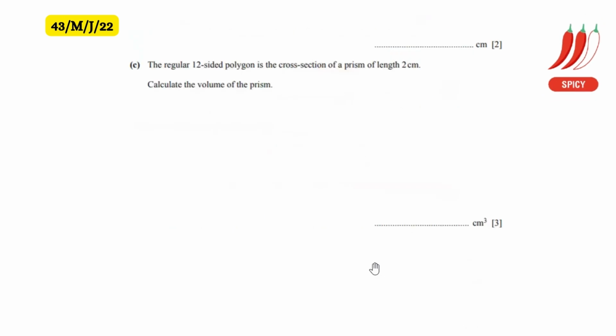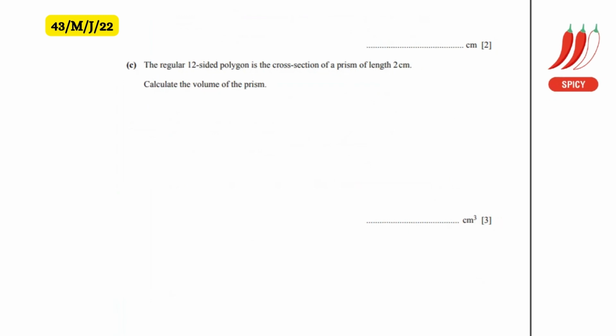Then it says that the regular 12-sided polygon is the cross section of a prism of length 2 centimeters. Calculate the volume of the prism. Since the polygon comprises 12 identical triangles, we find the area of one triangle and multiply that by 12 to get the area of the entire polygon. So area of one triangle would be 1 over 2 times 11.6 times 11.6 times sine of 30. That equals 33.64 centimeters squared.